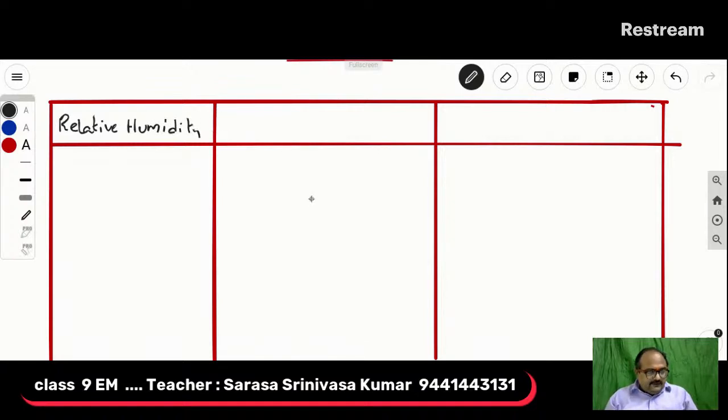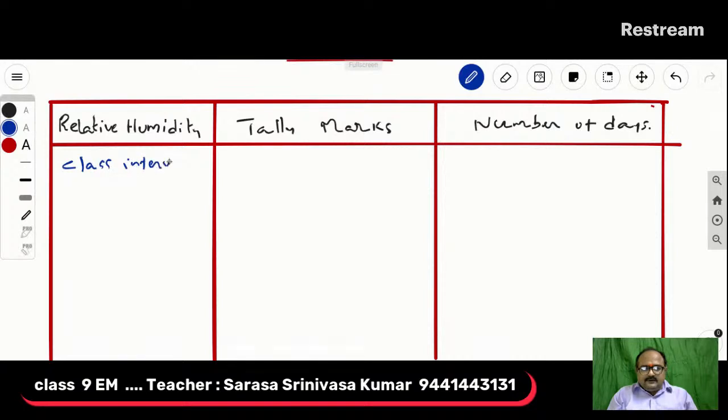The second column is tally marks. The third column is number of days. So this is class interval, and this is frequency.